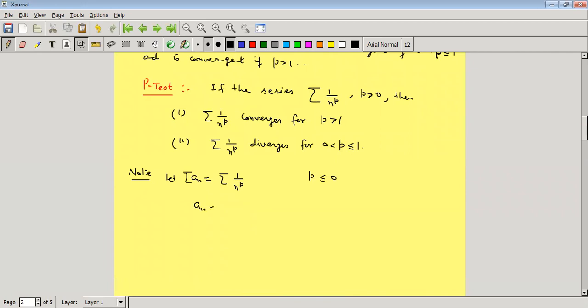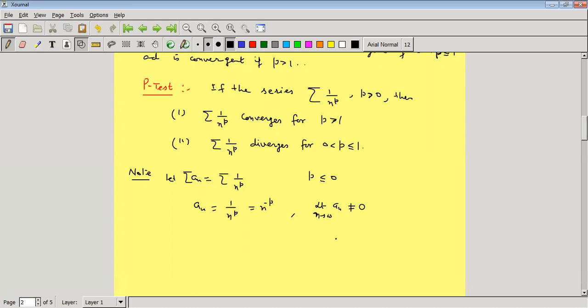So here the nth term is 1 upon n to power p, that is equal to n to power minus p. Because p is less than or equal to 0, if we take p to be 0 or negative, then n to power minus p is a positive one, right? So this implies that if we take the limit of an, it is not equal to 0.